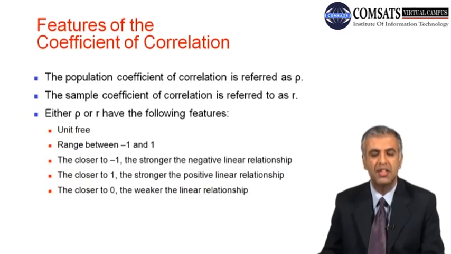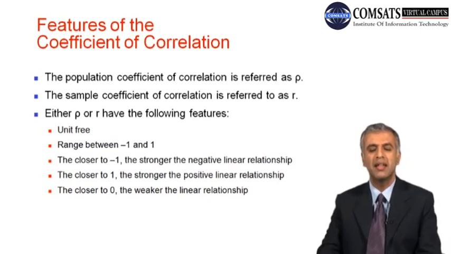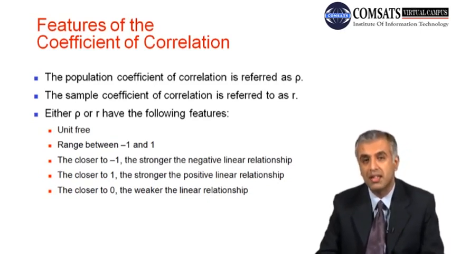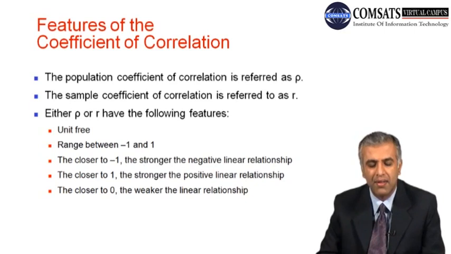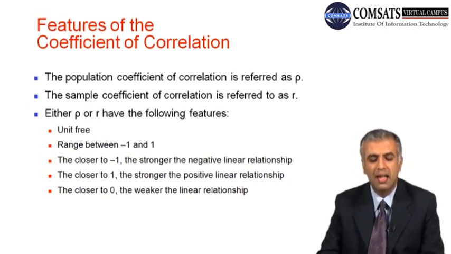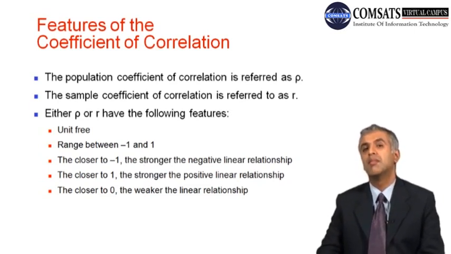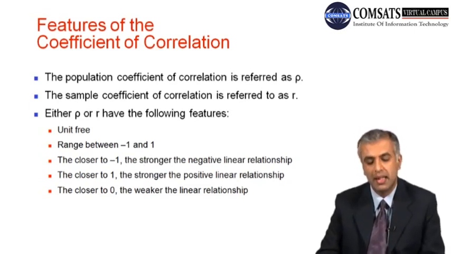Then afterwards we switched to the features. The population coefficient is termed rho, and the sample coefficient of correlation is termed R. Both are a bit common: they're unit free, and the range is between -1 and 1. The closer the value is to -1 or 1, the stronger the relationship.